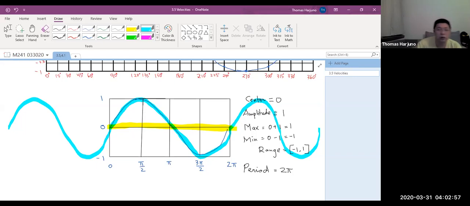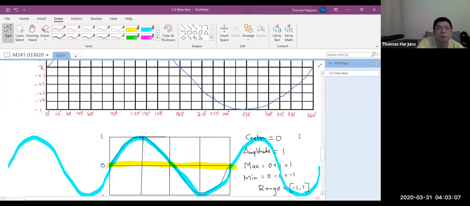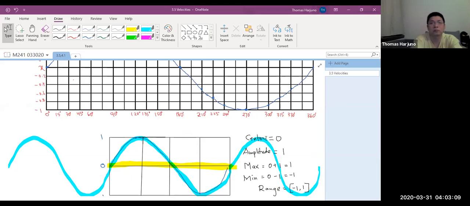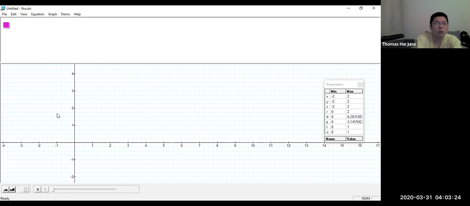Now let me bring your attention to what the graph is supposed to look like when we put it on graphing software. This is the graphing software I have on my computer. I hope you see this.